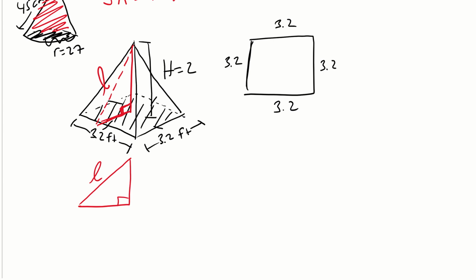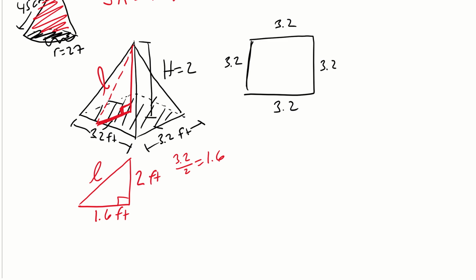So then what is this distance right here? Well, this distance has to be half of 3.2. So we're going to do 3.2 divided by 2. And that's 1.6. This has to be 1.6 feet because it's half of this, right? And this is going to be my capital H, which is 2 feet.